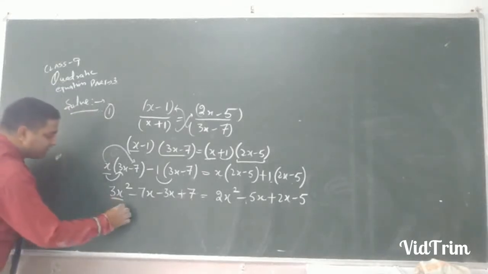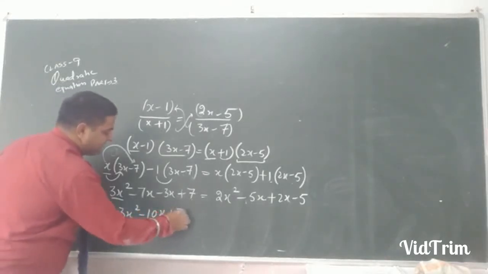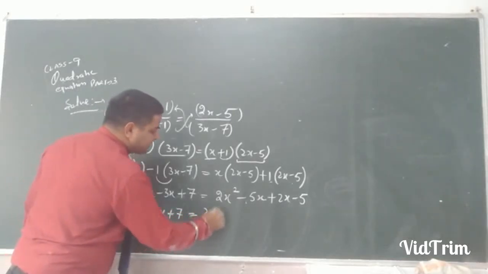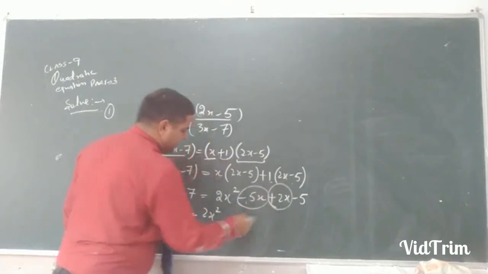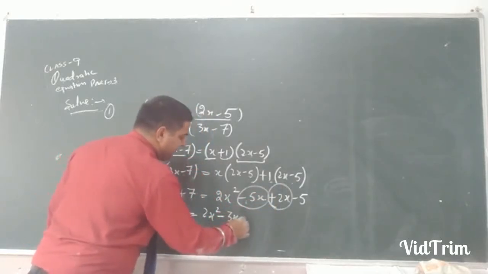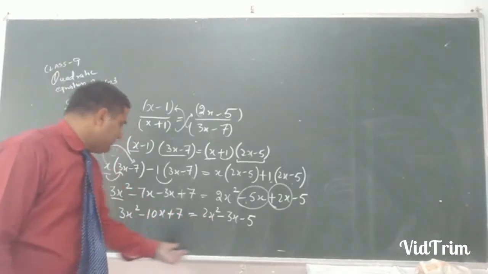So we get 3x square minus 10x plus 7 equals to 2x square minus 5x plus 2x is minus 3x minus 5.